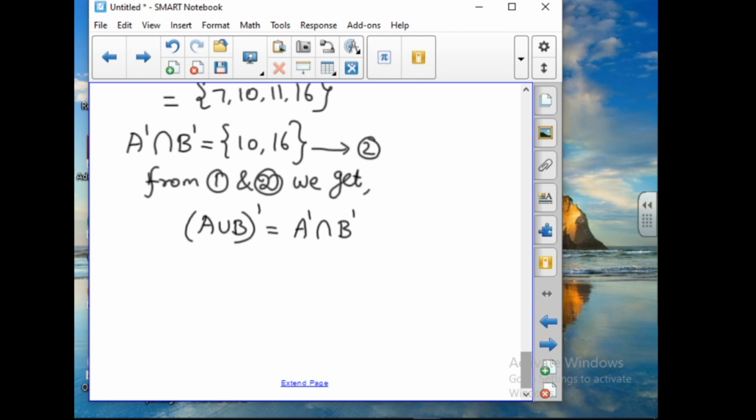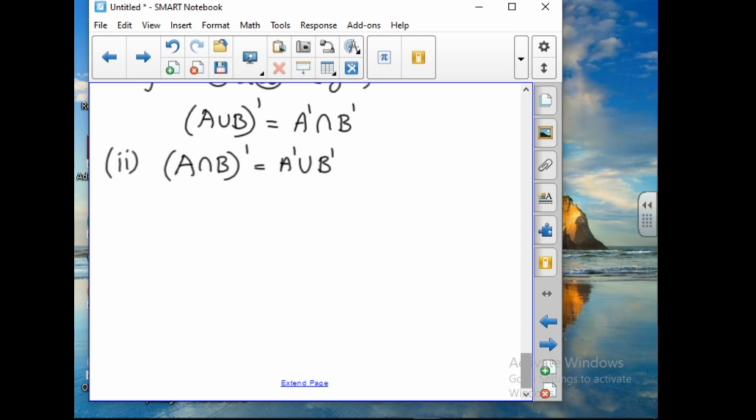Okay. Then the second one, another property, you have to check: A intersection B whole dash is equal to A dash union B dash. So A intersection B means common elements of A set and B set. So what are the common elements of A set and B set?